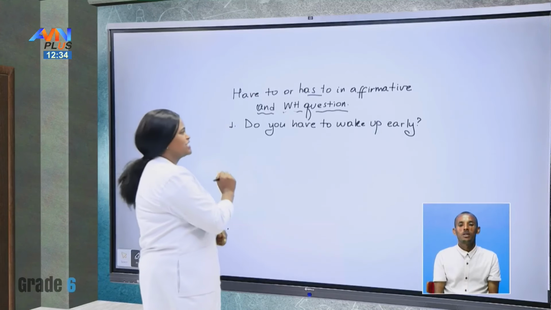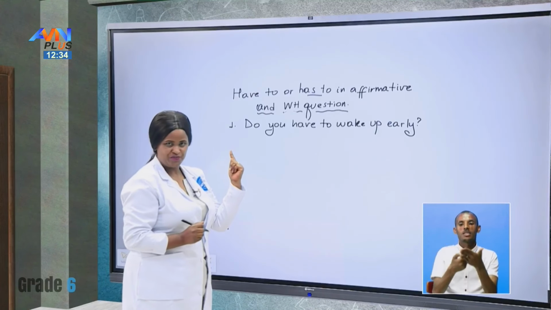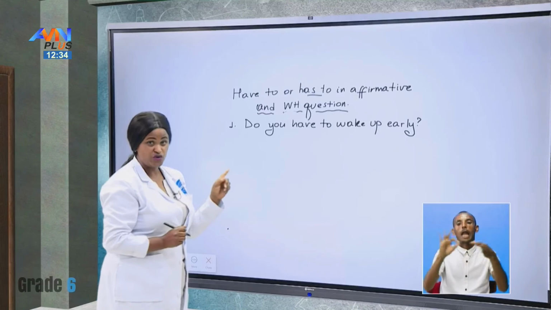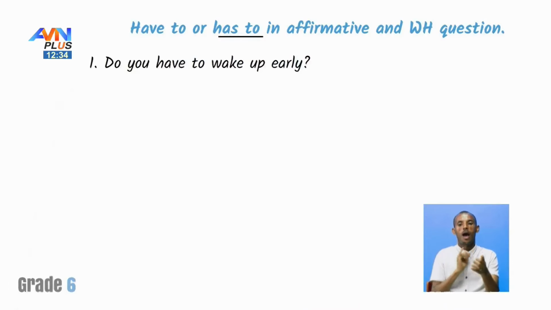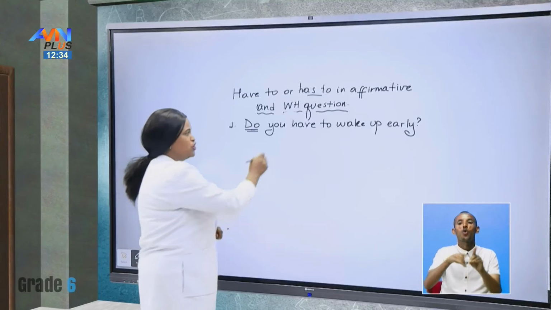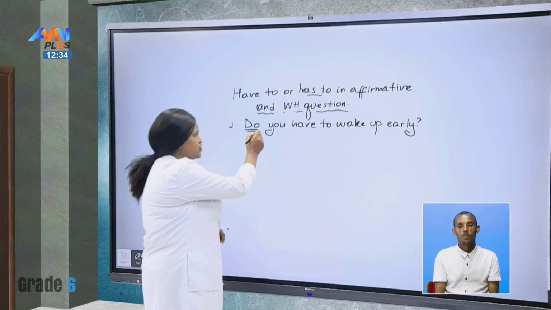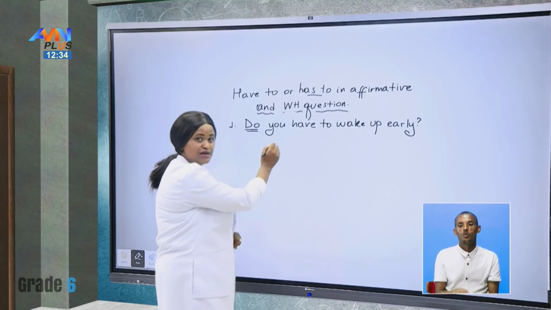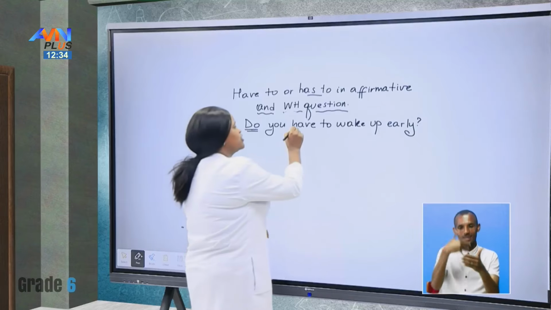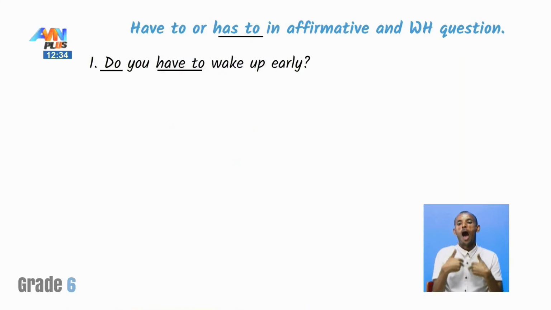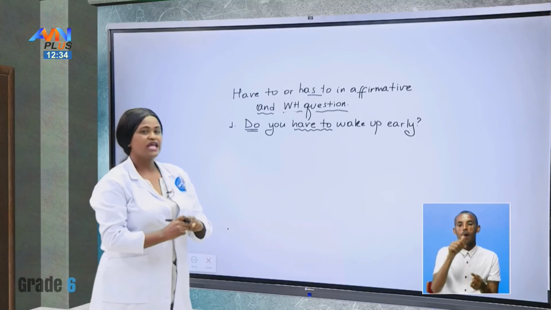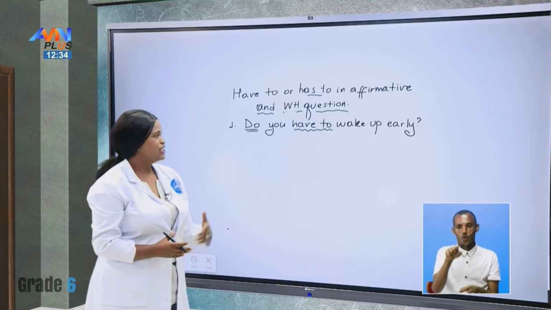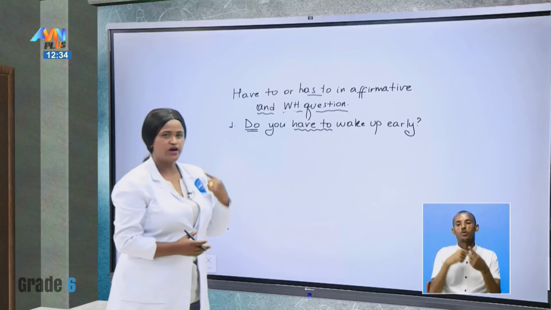In this yes or no question, please look at the grammatical pattern that I followed. I start by saying Do. Yes? Do you, then after do, which is the auxiliary, there comes a subject, you. Then what do I use? Have to. So I am asking you if waking up early is a necessity for you. Do you have to wake up early?